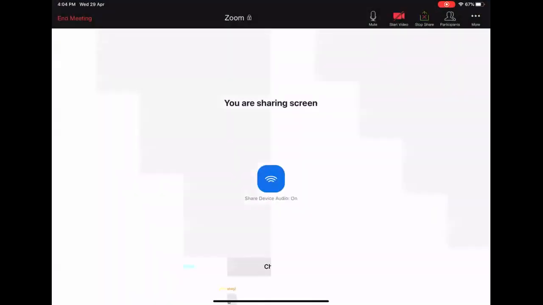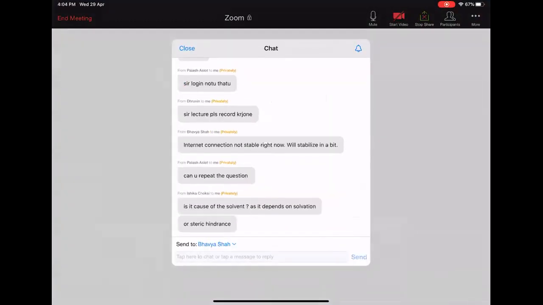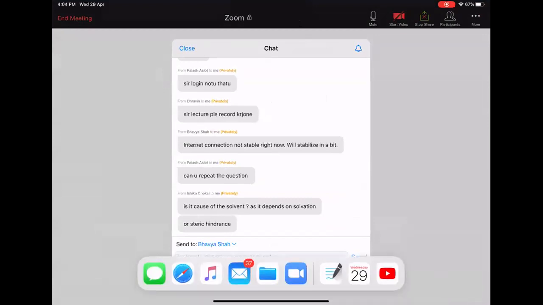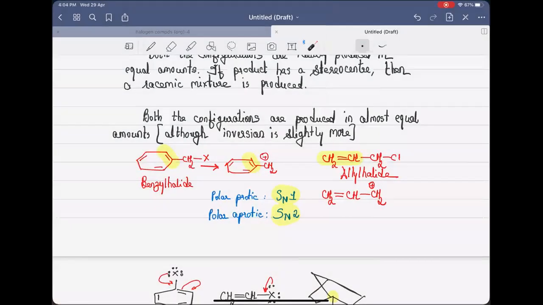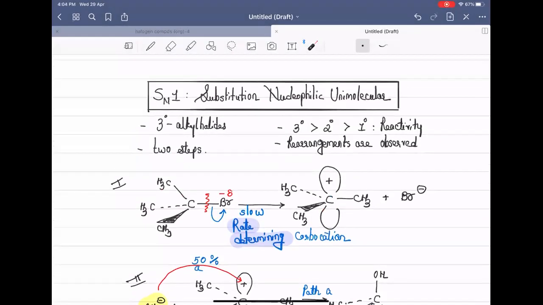Yeah, there are 2 questions here. Ishika, is it because of solvent as it depends on solvation or steric hindrance? See, solvent is not as important as the steric hindrance, Ishika, because of the steric hindrance, a nucleophile is not able to get into the space between these 3 big groups here, right?